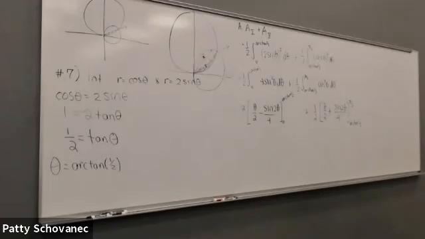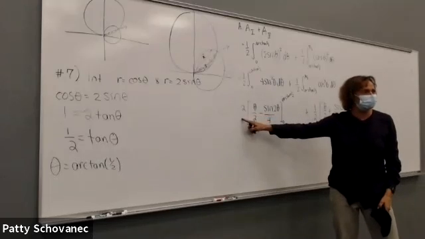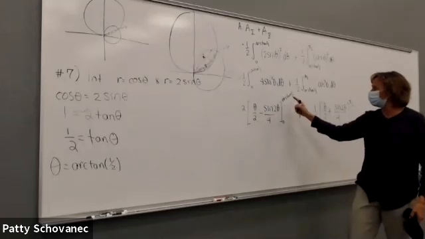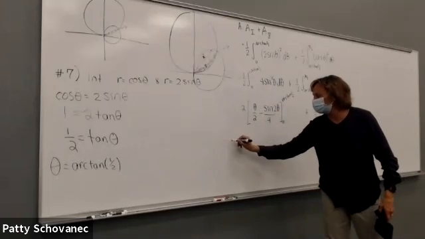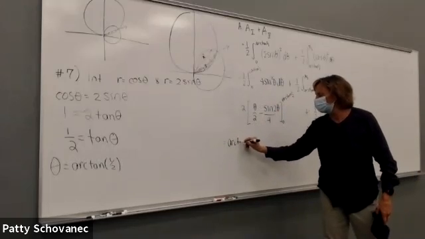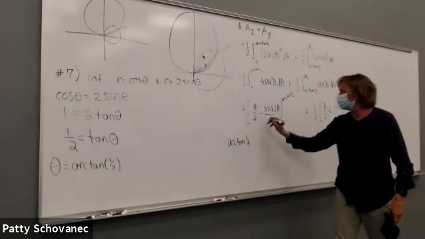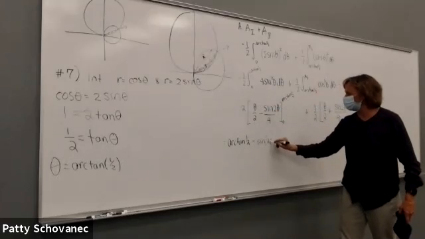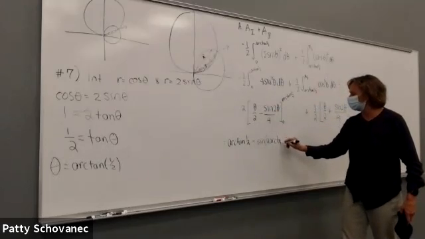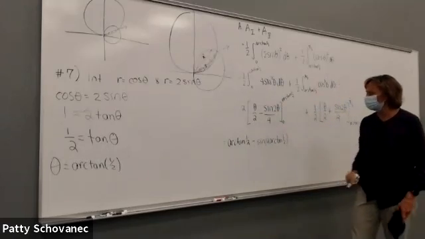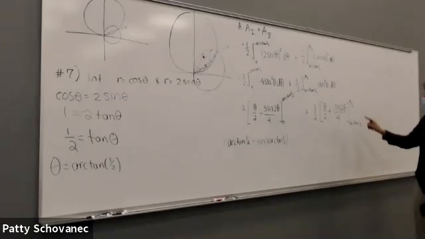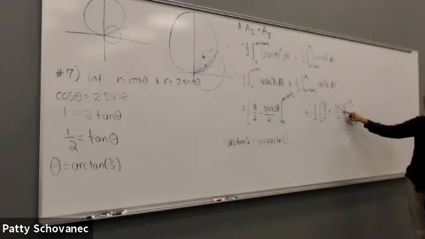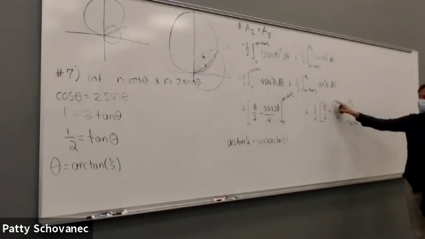Let's put the arctangent of 1/2 in and distribute the 2. So those will cancel, and I have the arctangent of 1/2 minus the sine of 2 times the arctangent of 1/2 over here. Pi halves is going to give us 0 here, but it still gives me a number here.